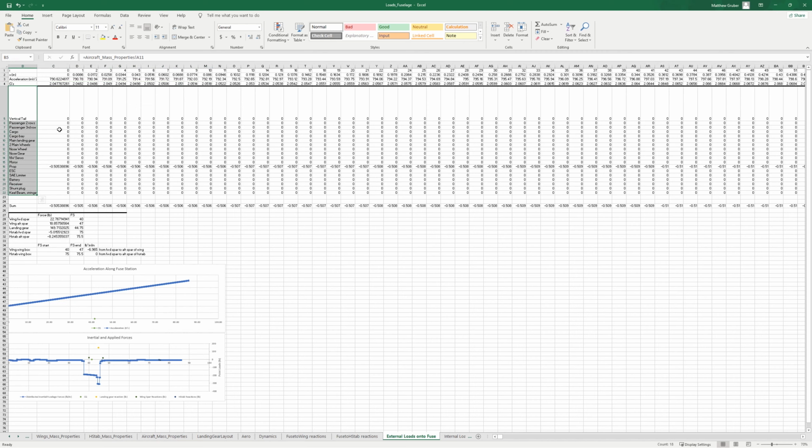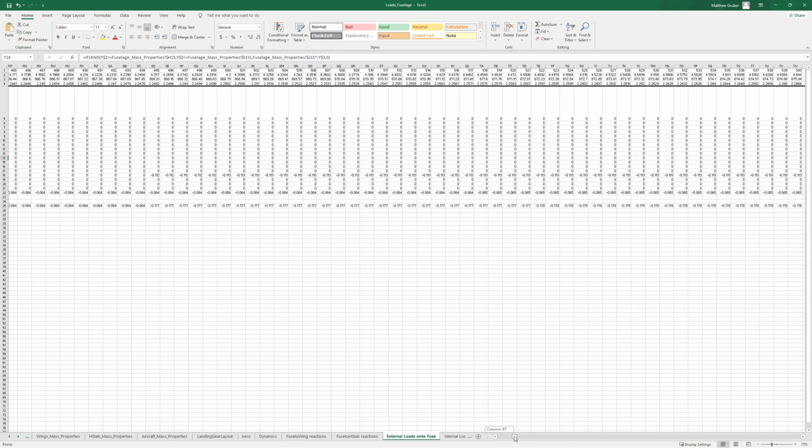Now, at each of those segments of the fuselage, these masses are giving their inertial loads, and those inertial loads are being accumulated into the fuselage structure. So, for instance, the propeller, it does exist between 0 and whatever half an inch, and so it is contributing here to some downwards force.